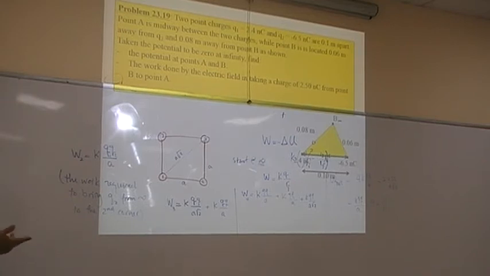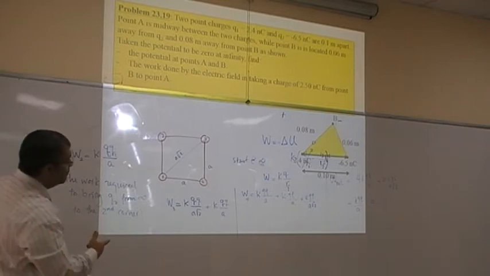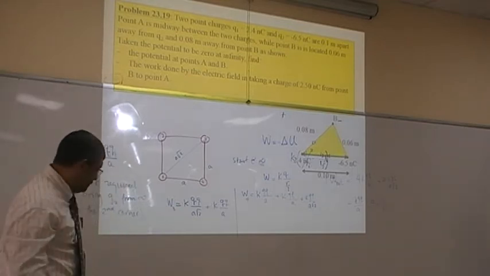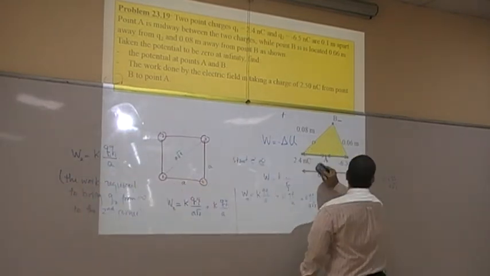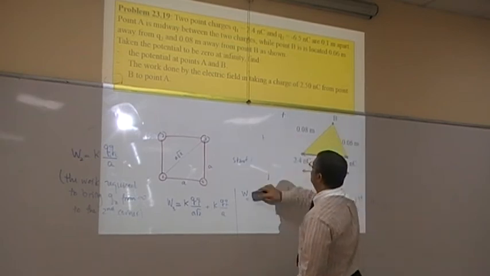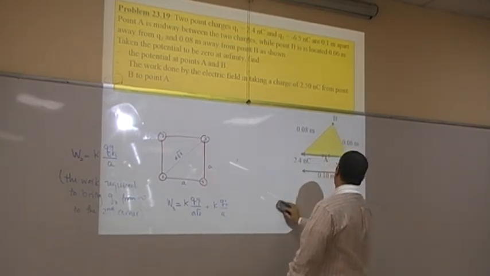Taking the potential V to be 0 at infinity, find the potential at points A and B. We've done this. No, we didn't. We want to find the potential, similar to the previous question, so I'll just do one.